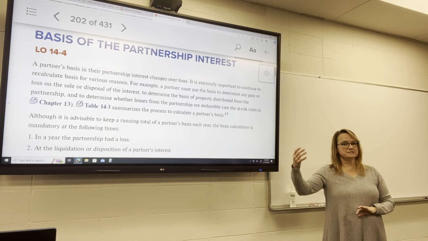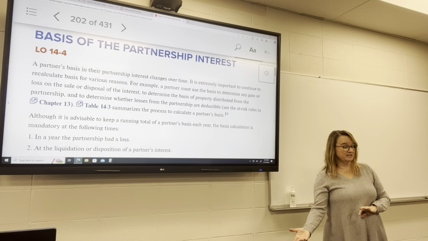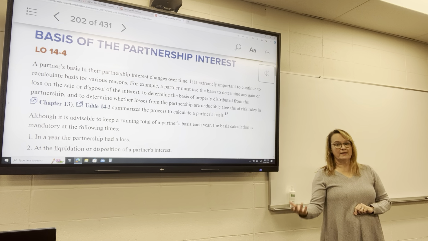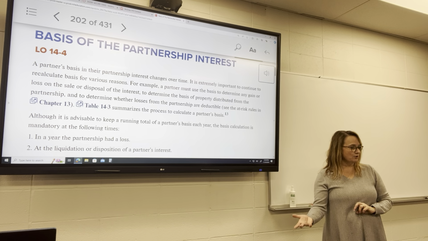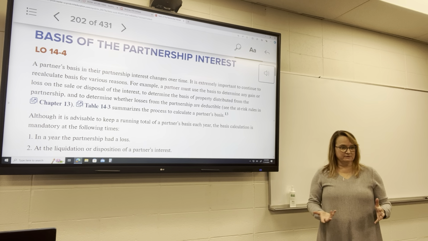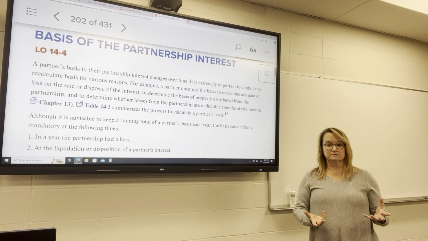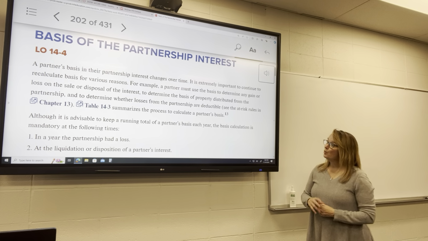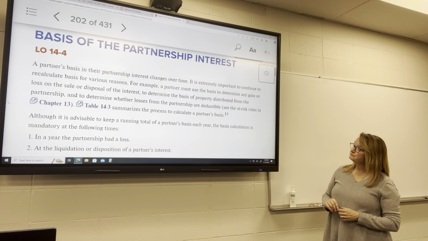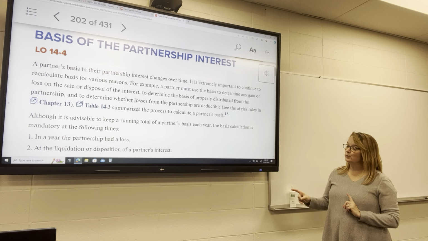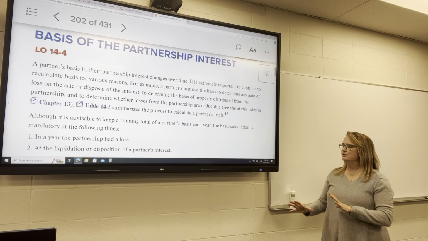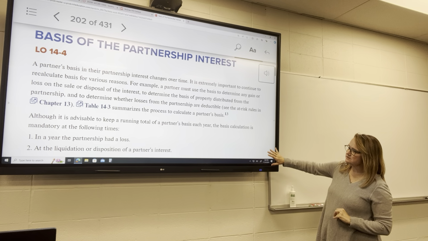So if the partner doesn't have any basis to begin with, and there's a loss from the partnership, then that partner is not allowed to take that loss. But we don't know that if we haven't kept track of what that basis is, right? So that's a couple of reasons why we need to keep track of this outside basis.